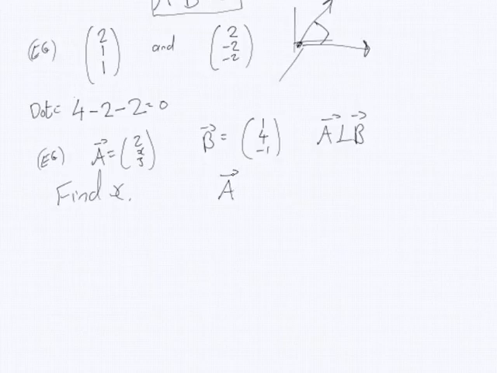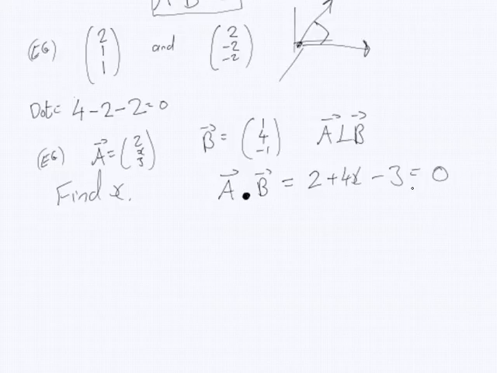Multiply how? Using what multiply? What's this called? Dot. Thank you. Dot, so what do you get? 2 plus 4x minus 3 equals 0.